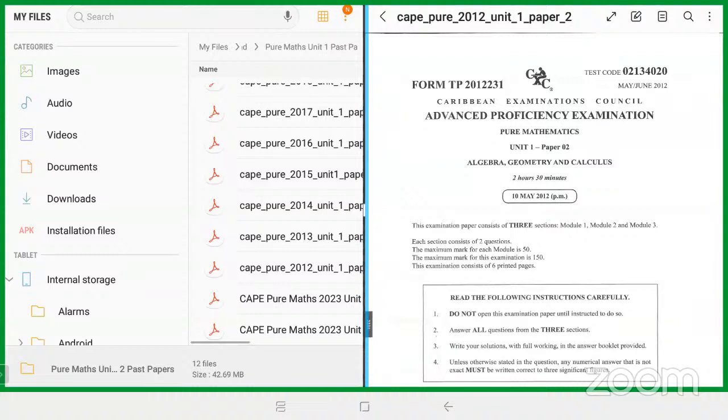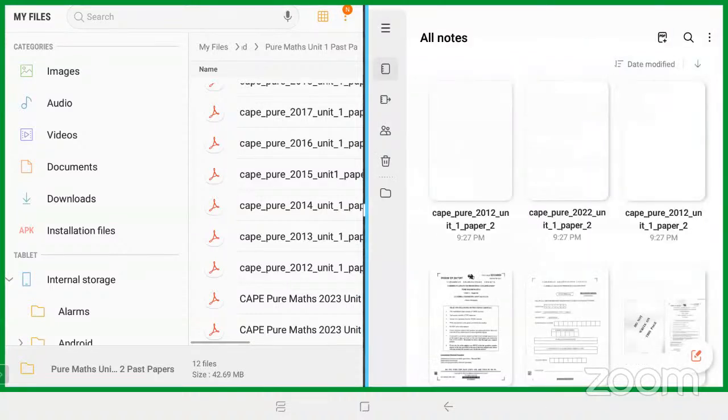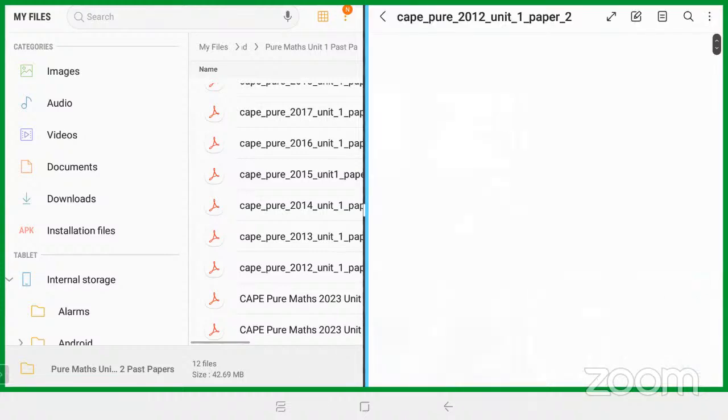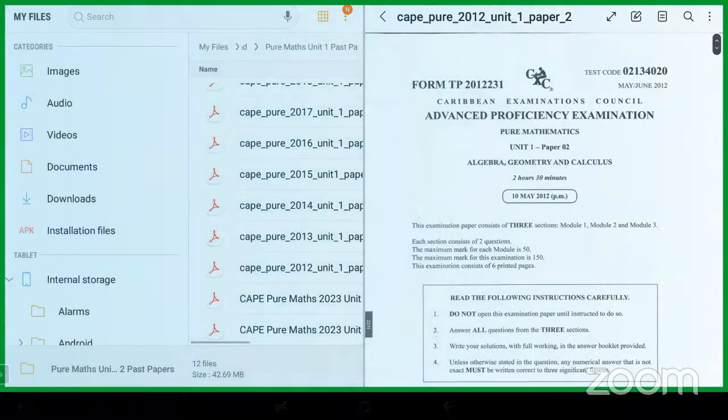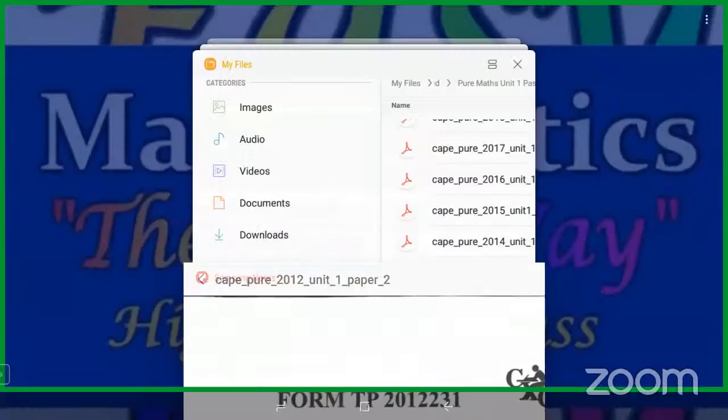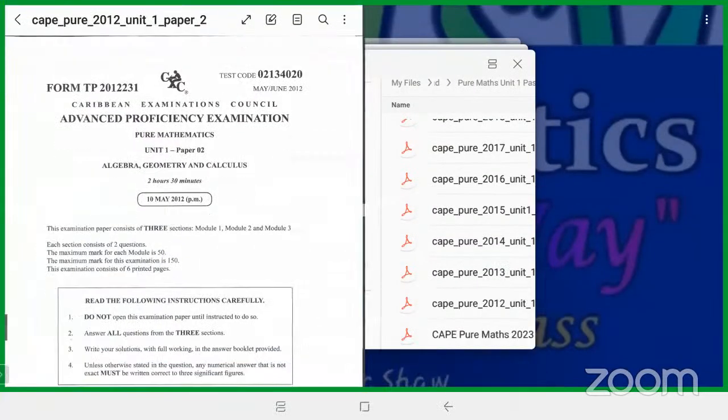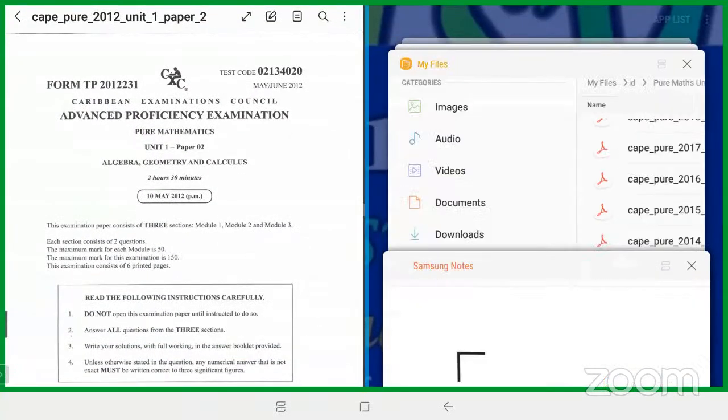Can I see the screen? Yes, sir. All right. I need to bring up something to write down. That's the thing I'm trying to do. Let's do this.